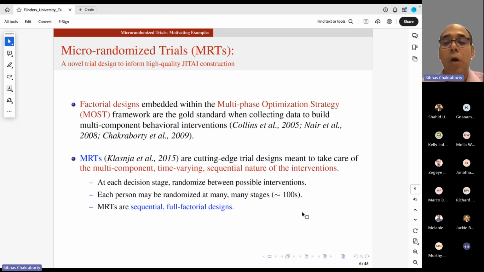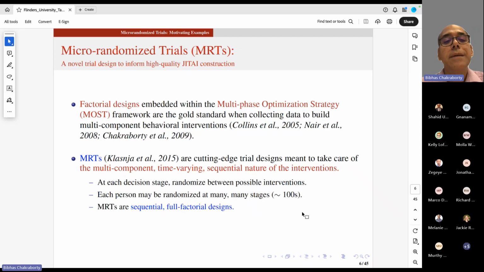Long back they were developed for agriculture and industrial experiments, but in health and behavioral sciences, these are primarily used in behavioral interventions where there are multiple components. Now, that's a static design. That's just one time point, multiple factors, and you cross-randomize.